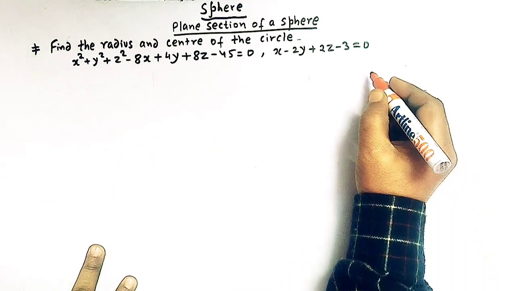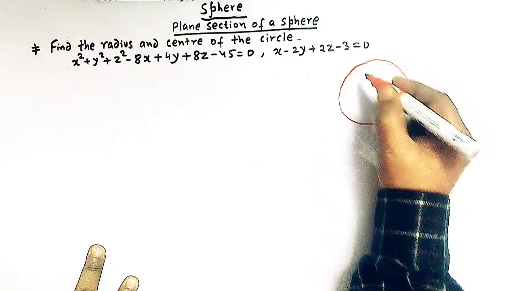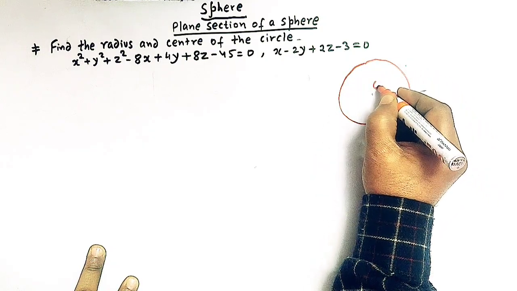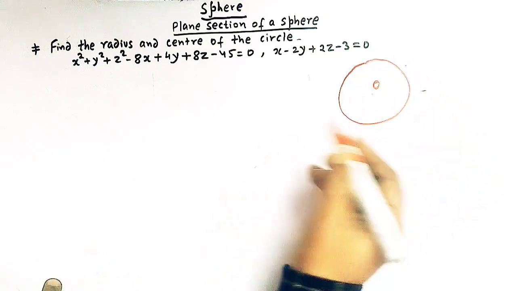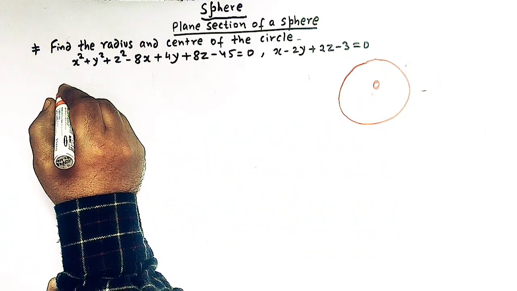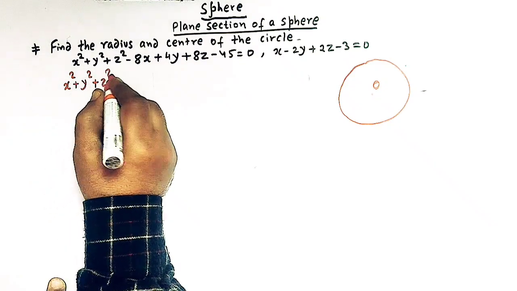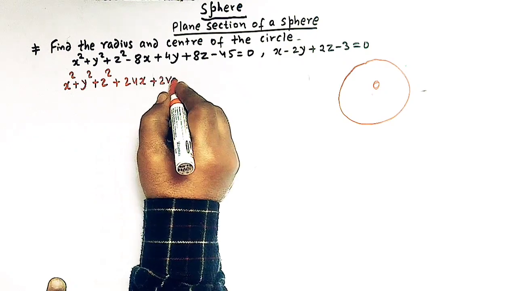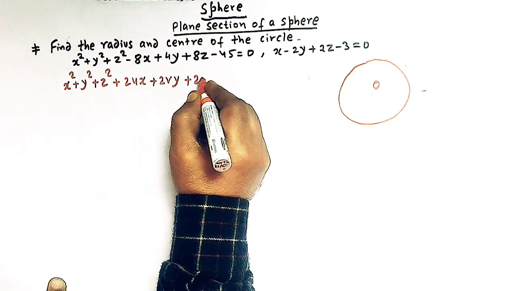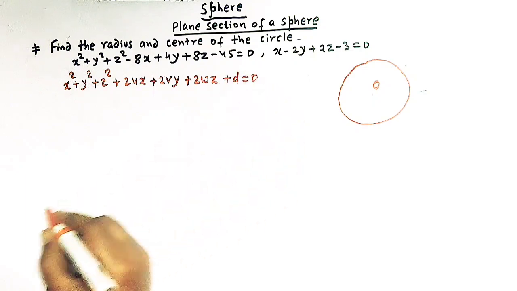Now consider a sphere whose center is say O, and O is the center of this sphere whose general equation can be written as x square plus y square plus z square plus 2ux plus 2vy plus 2wz plus d is equal to 0.